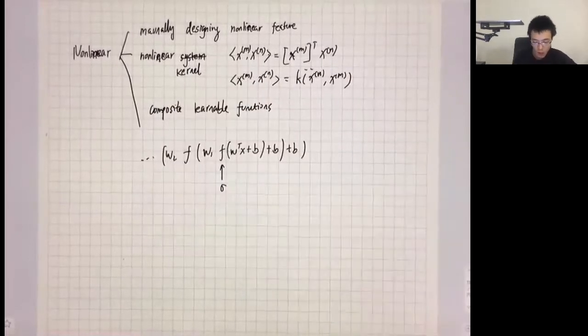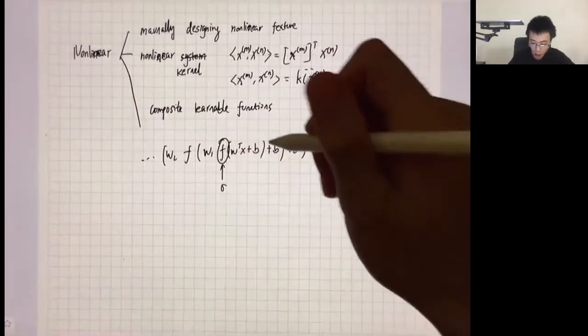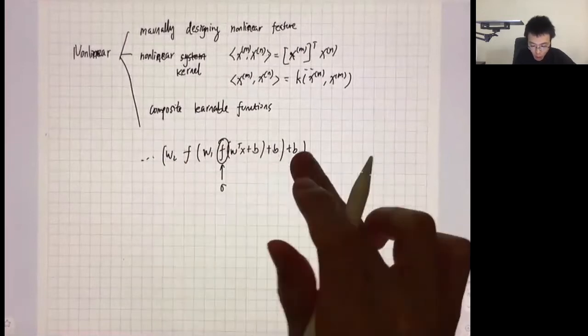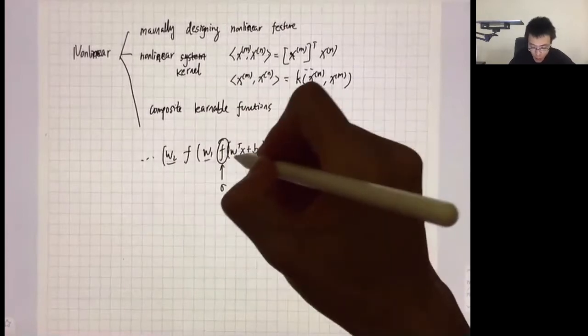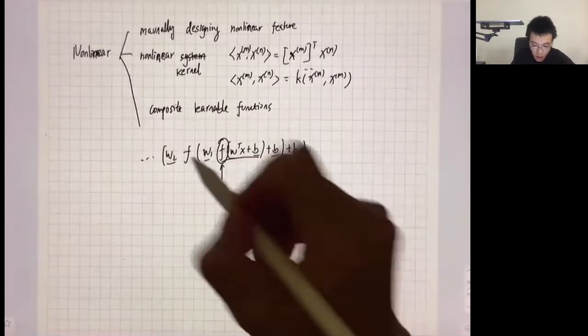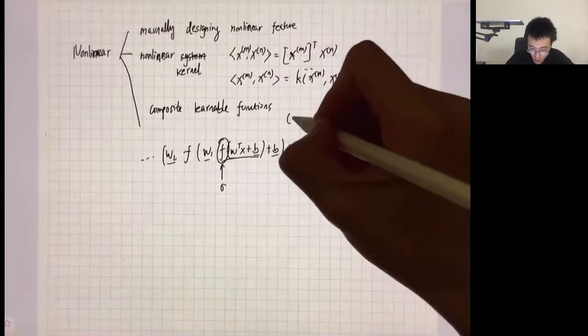Then eventually, since it's nonlinear, the whole system is nonlinear, but the entire model is differentiable so that you can still compute the partial derivative with respect to each of these weights, and you can learn the model, learn all these transformations in an end-to-end way, okay? So this is known as the neural network.